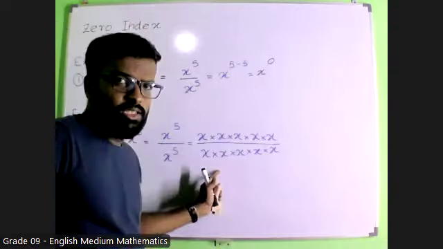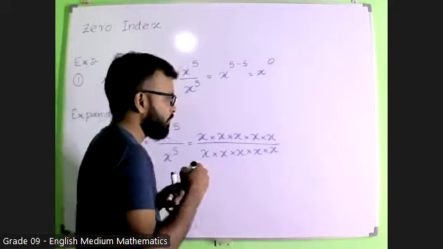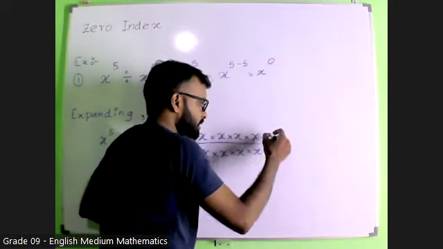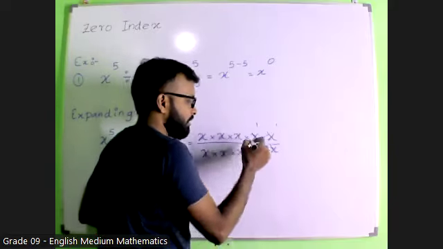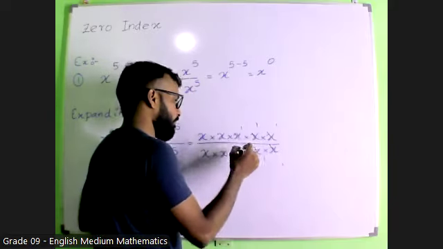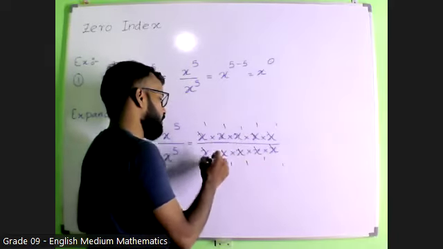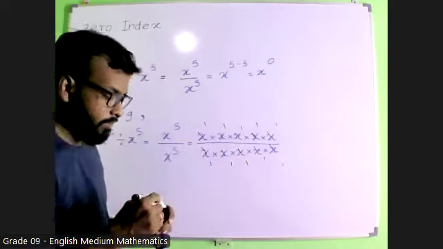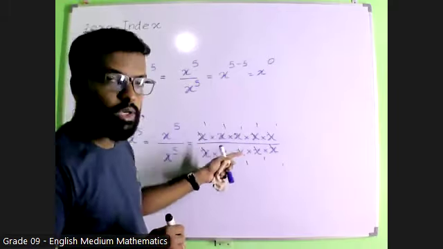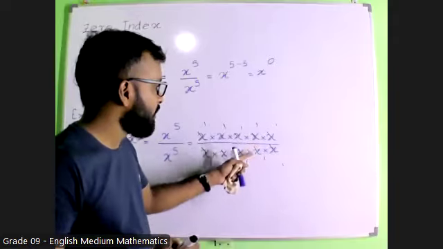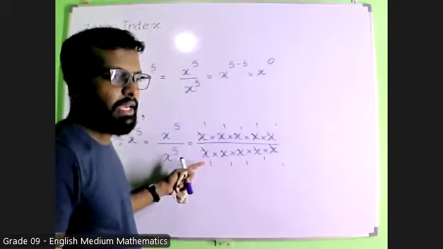Now you know how to cut this, very easy. I will use my black pen. X times 1, x times 1, x times 1, x times 1. All x's can be cut. Next, x divided by x is 1, x divided by x is 1.